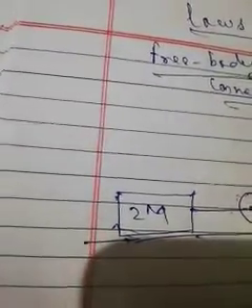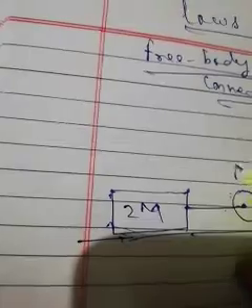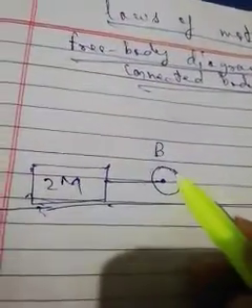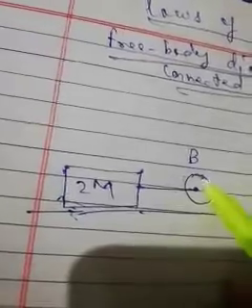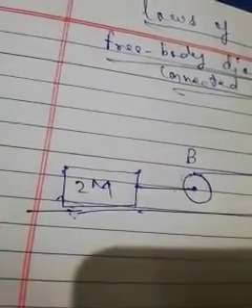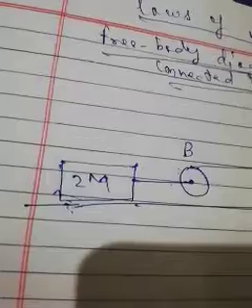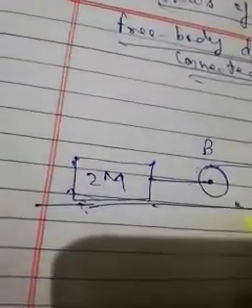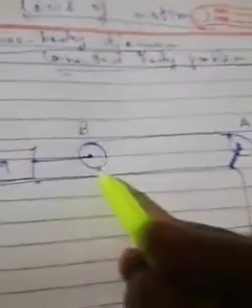Here again another pulley is there, pulley B, which is connected with pulley A like this, and also another string is there.